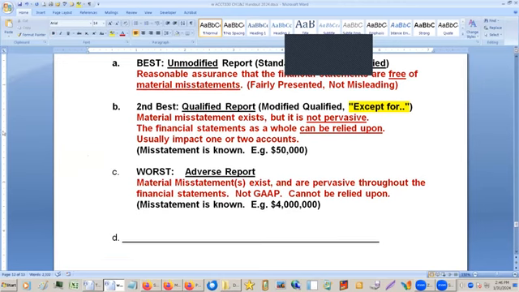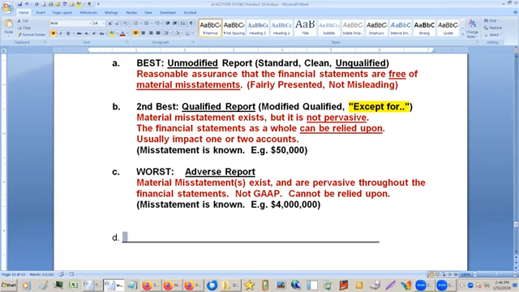Okay, the last one is kind of wacky. And this one is what I'll say is unknown. And this is a disclaimer of an opinion.